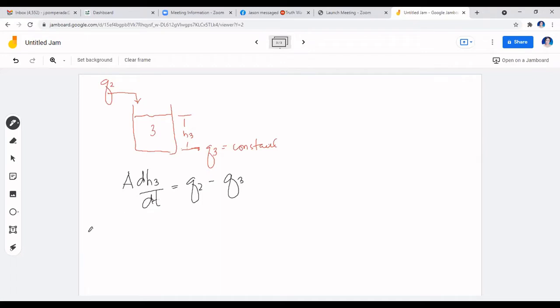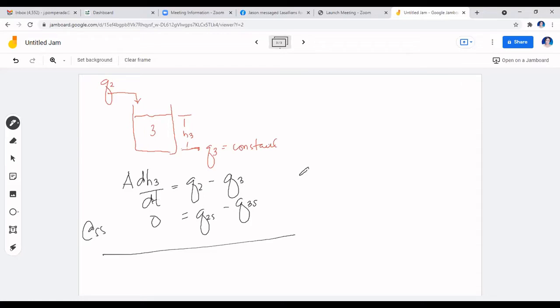Now, at steady state, this is just to check whether the ready-made transfer function for a liquid level system with constant volumetric outflow will work for this. Okay? So at steady state, this is 0, and you will have here Q sub 2 of S, and you will have here still Q sub 3 because it's a pump, it's a constant. So whether you have this at a non-steady state condition or steady state condition, the amount that is dispensed by the pump is a constant.